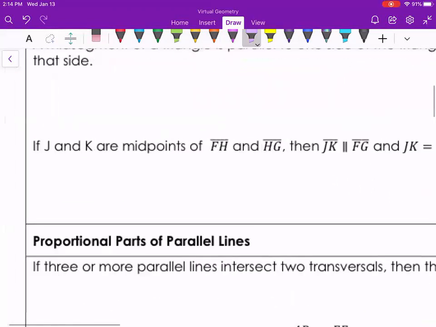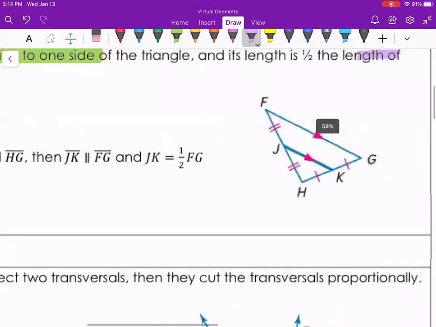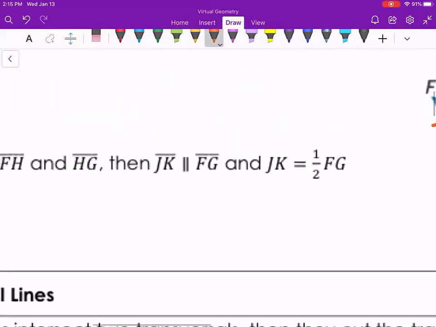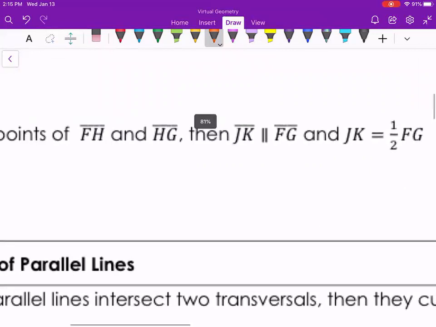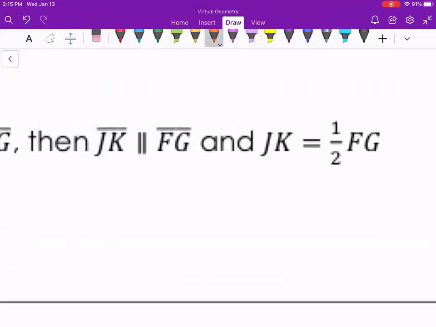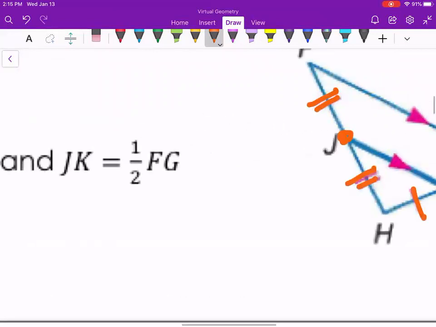So let's see what we've got going on here. If J and K are midpoints, so just with that, based off our picture, J is a midpoint, so that's where you get the 2 dashes on each side. K is a midpoint, so 1 dash on each side, of sides FH and FG. Then segment JK is parallel to segment FG.